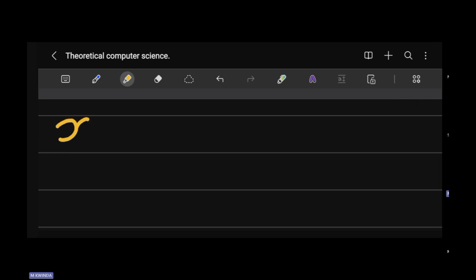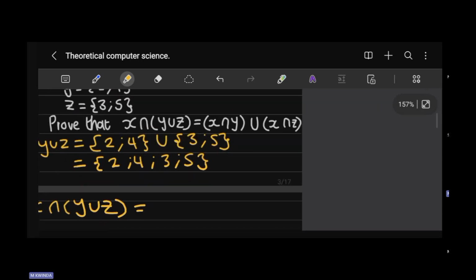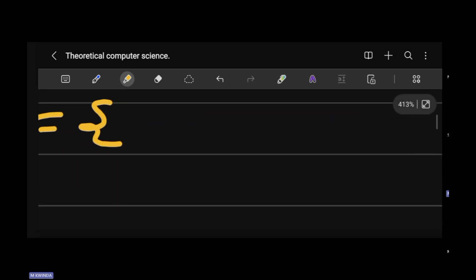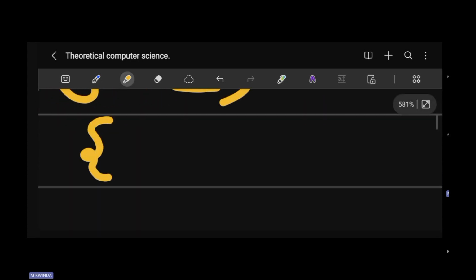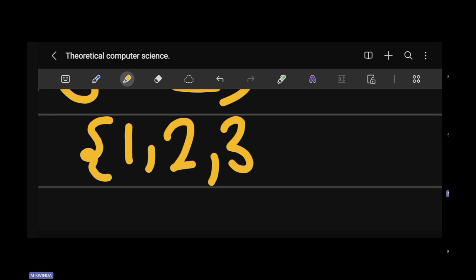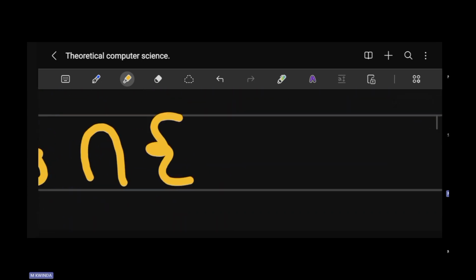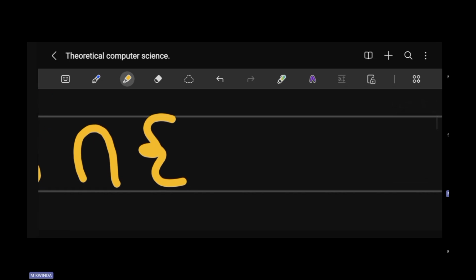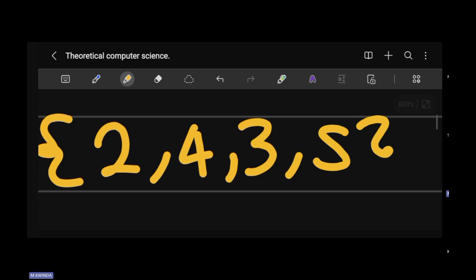So now x and y or z, this is equal to, so I'm just going to take a look at x. X is 1, 2, 3, and then remember my y or z was 2, 4, 3, and 5.